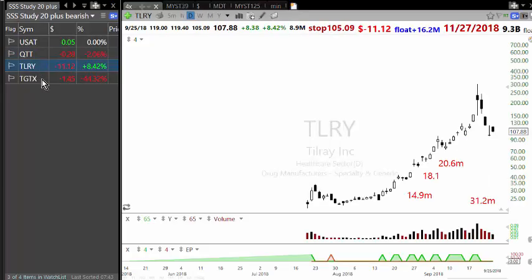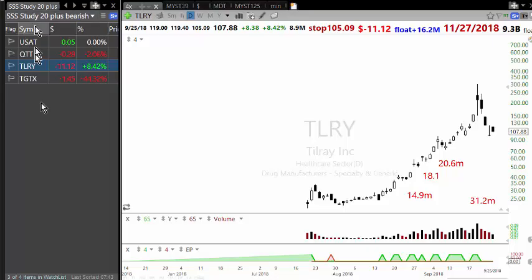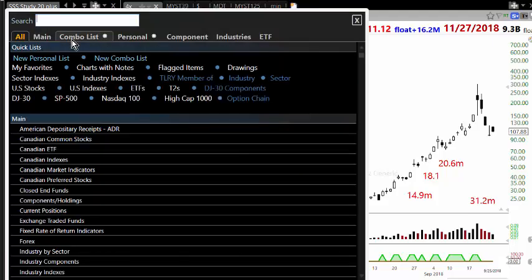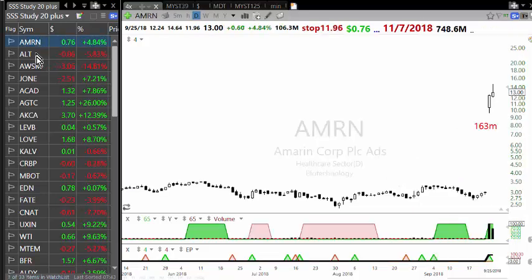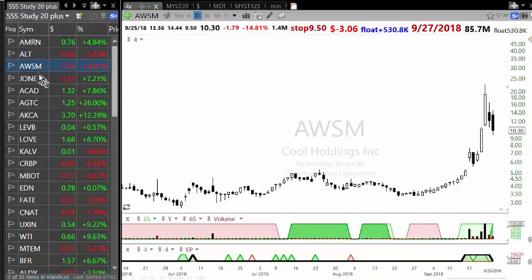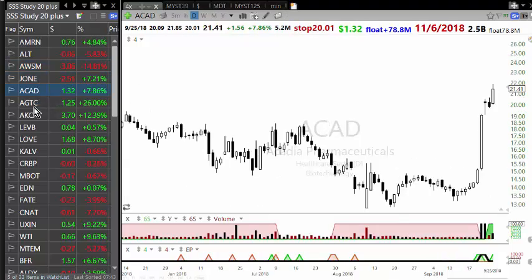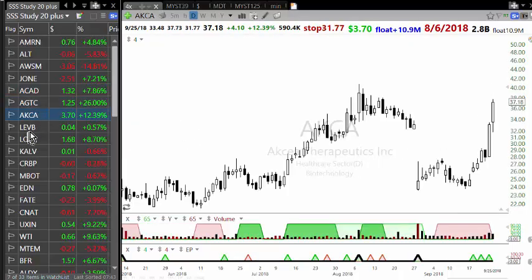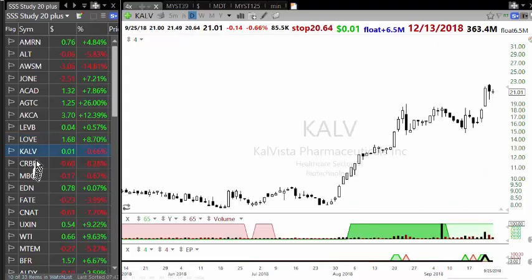What are the learnings? Basically, short strong structures, very strong structures, 4% breakdown. Obviously, there's no 4% breakdown on this because there's such a high volume. But on the long side, if you study this, what you will find is that lower the price, better it is. Lower the float, better it is. Ultra low float is where the big moves happen. And 52-week high is not the key to making money.